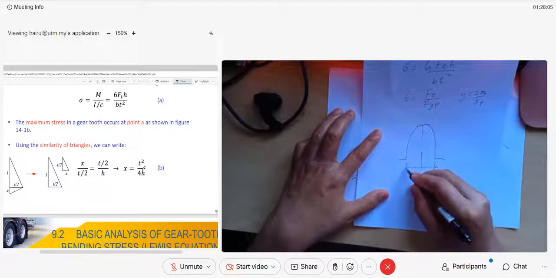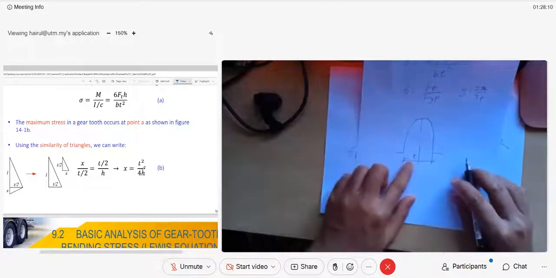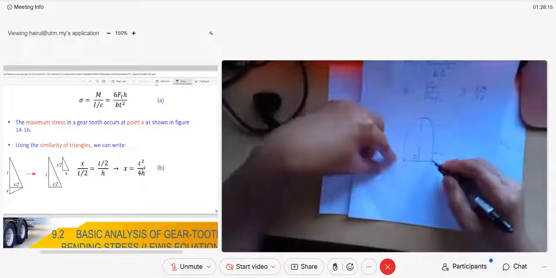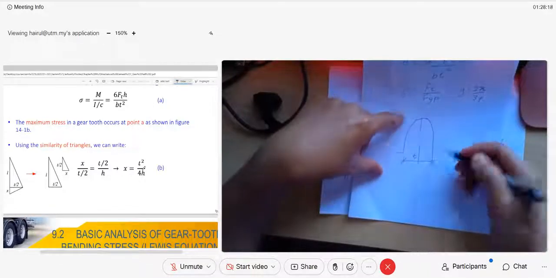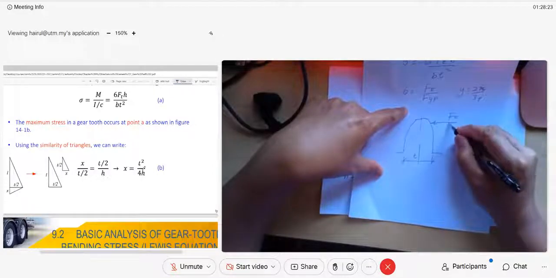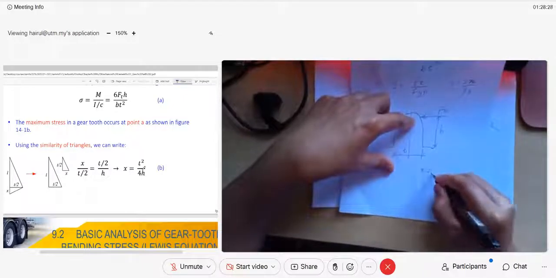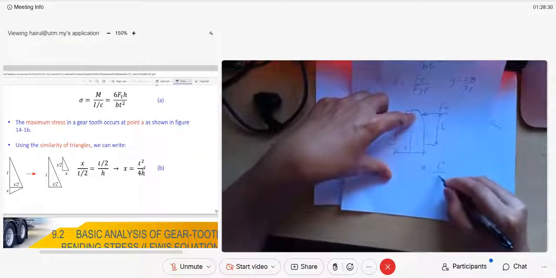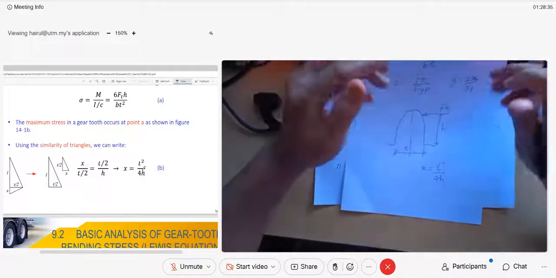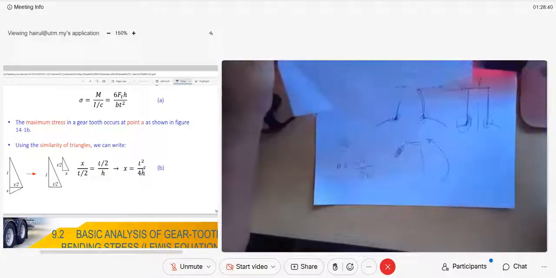This X is actually related to your thickness, because they already make a ratio: X is the thickness of your tooth squared over 4h. H is where your F tangent acts to your root. So they make this ratio, X is t squared over 4h. Actually, you don't have to know this, I just explain it to you, guys. The main thing you have to know is the formula for bending, and just why they got this formula.